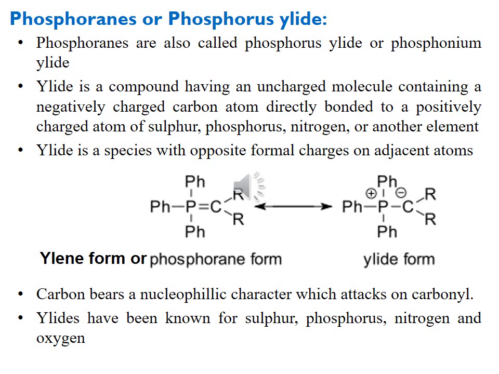Carbon bears a nucleophilic character due to this negative charge and attacks the carbonyl of the aldehydes or ketones. In addition to phosphorus ylides, there are other examples of atoms like sulfur ylides, nitrogen ylides, and oxygen ylides also.